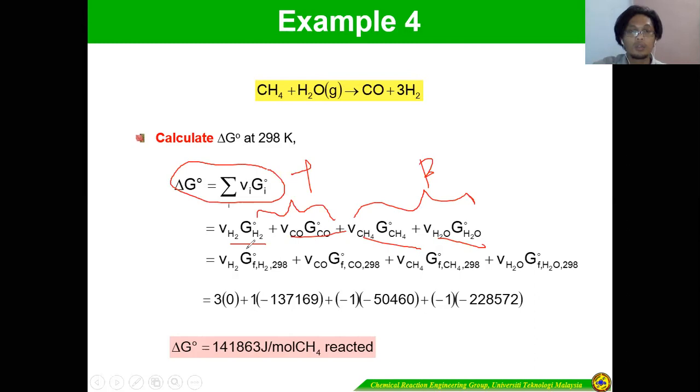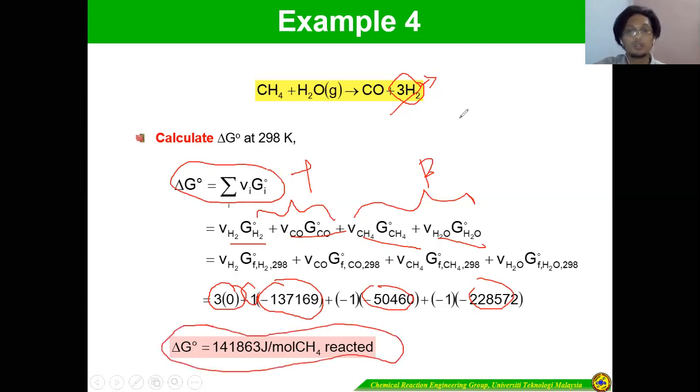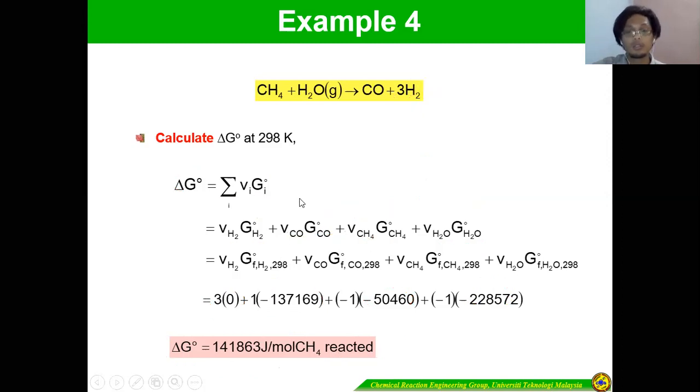If you look at table C4, hydrogen is an element, so its Gibbs energy is equal to 0, times the stoichiometry. Then for the others, the values come from table C4. Just add all the standard Gibbs energies for each species, and you can get the total delta G naught of the reaction. So this is at the standard state.